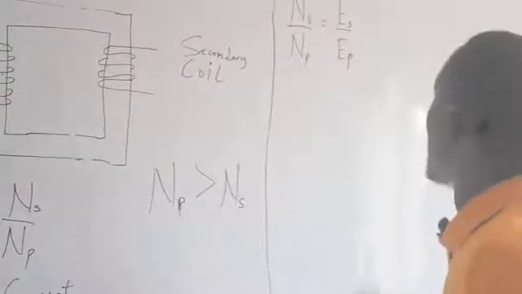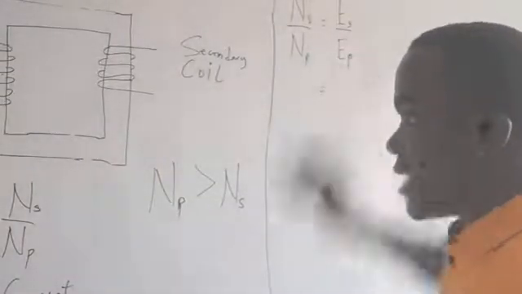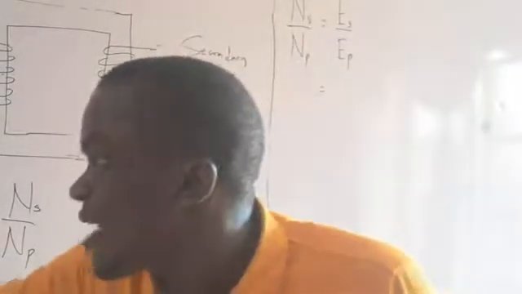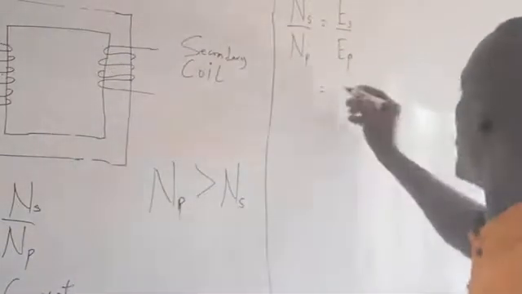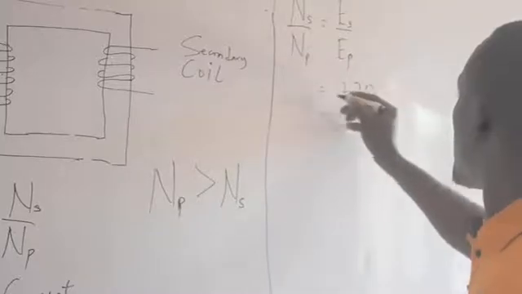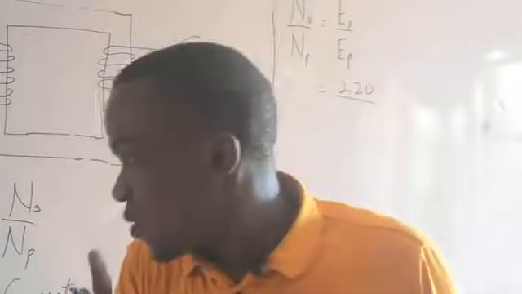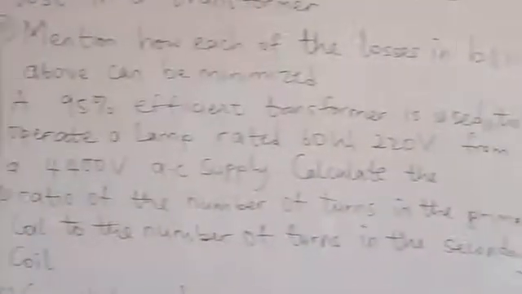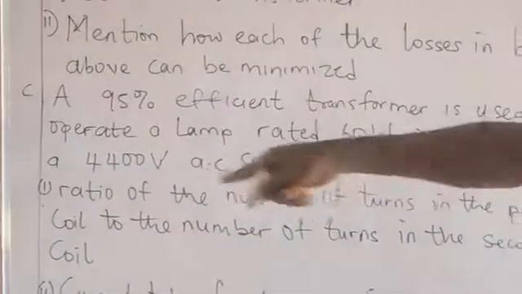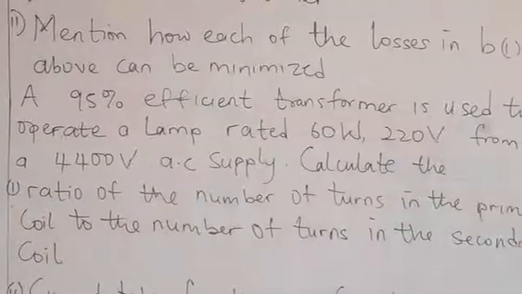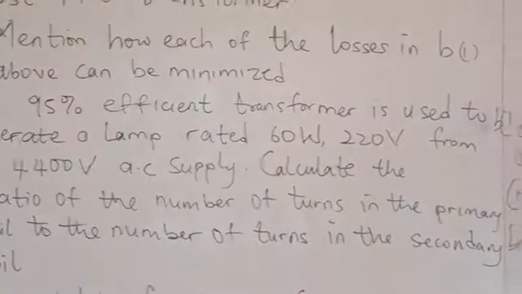So meaning that we'll be having, then it says, from a 4,400 volt AC supply. So we are having 220 all over. Take note of this language: from a 4,400 volts. If they are saying from, meaning that they are getting it from what? From the primary source. So we're having a 4,400 volt supply.